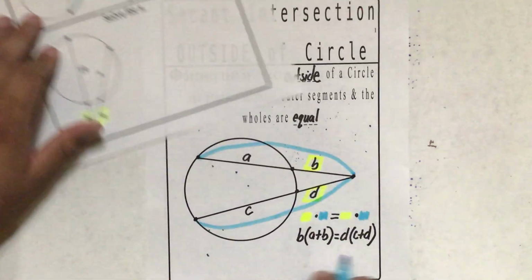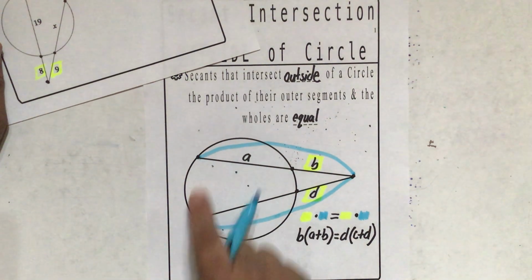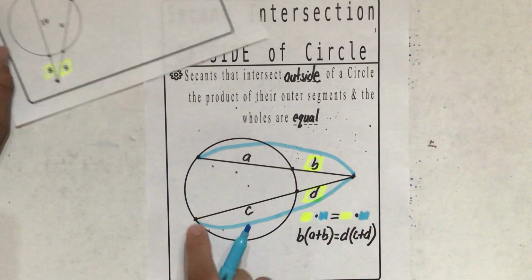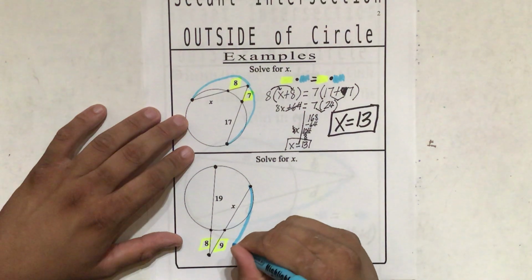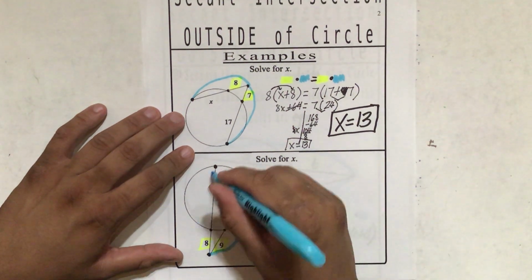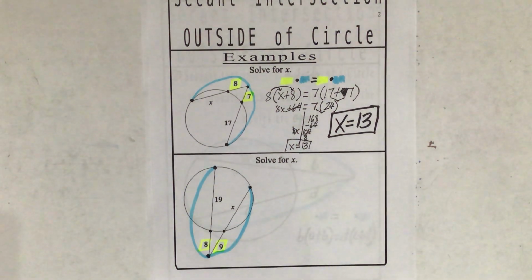Okay, let's go back to our notes. The whole thing is in blue. So let's do the exact same thing. The whole thing is in blue. All right?